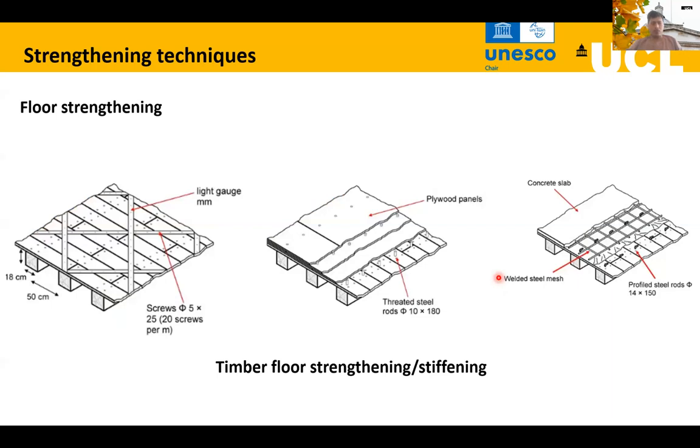About floor strengthening, the horizontal floors in masonry buildings. Usually, traditionally, they are timber joist supported and topped by mortar floor. So we can improve that by using these diagonal braces in the horizontal plane. We can also put some plywood panels and nail those down to the joists, or we can use a concrete overlay, a reinforced concrete slab on top of the existing timber, so that we stiffen the floor to better distribute the horizontal action to the lateral load supporting elements.